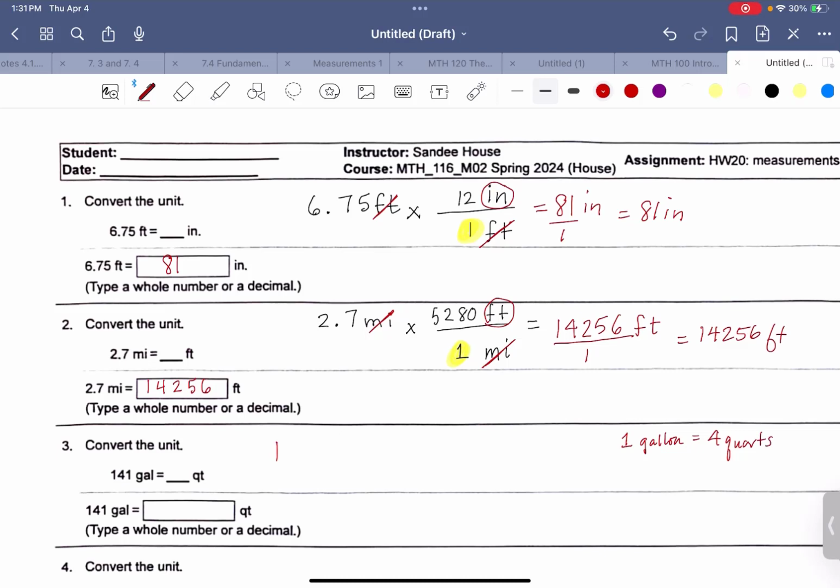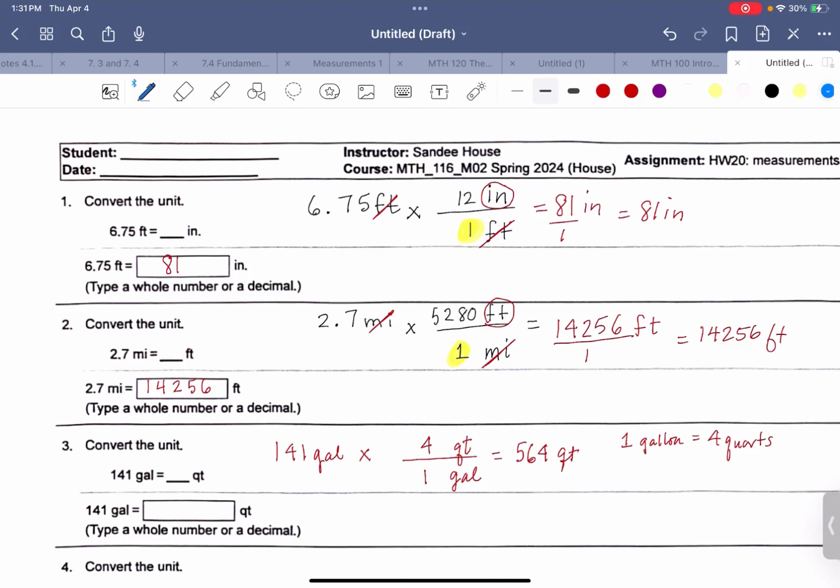So I'm going to take my initial 141 gallons. I'm going to multiply so that I end up with quarts. Quarts need to be on top, and gallons need to be on the bottom so that my gallons will cancel out. I have 4 quarts in 1 gallon, and so all I have to do is multiply. 141 times 4, and I know that my answer is 564 quarts.